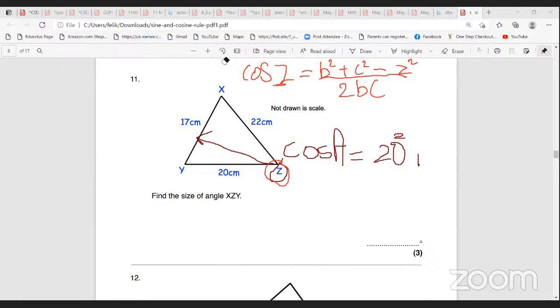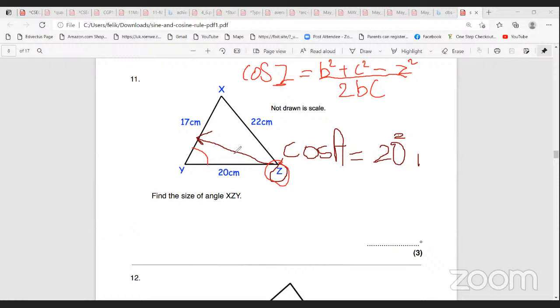So here is angle y. What is the side that corresponds with angle y? What is the side that is opposite to that angle? Is it the 22?